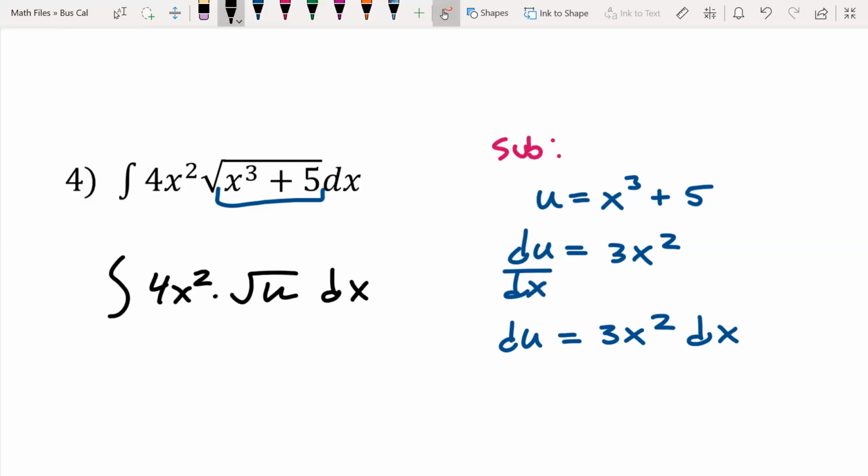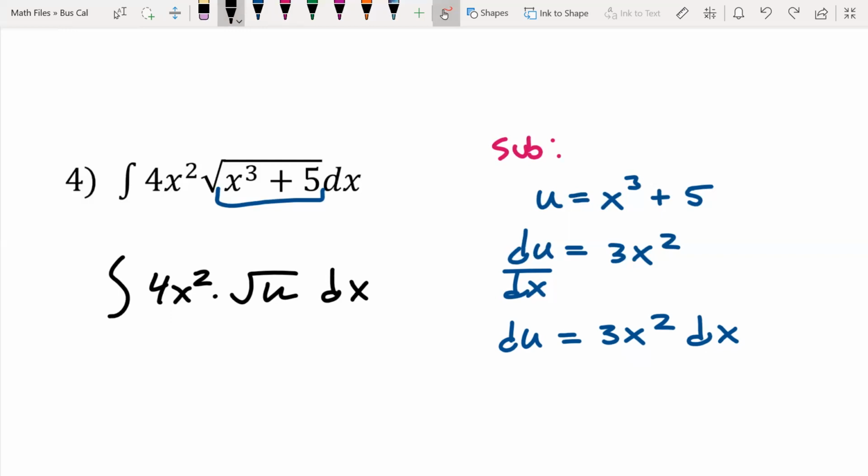So now we need to notice some similarities so we can make our substitution. I have an x squared and a dx here on my sub, and then I have an x squared and a dx here on my integral. So we need to make a substitution for x squared and dx. Let me do a couple rewrites.